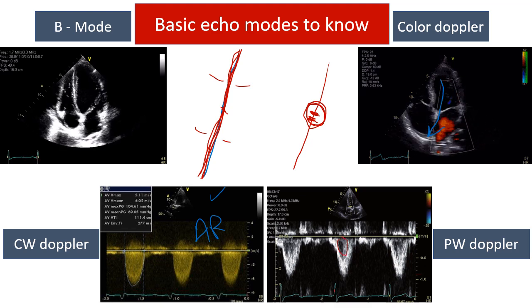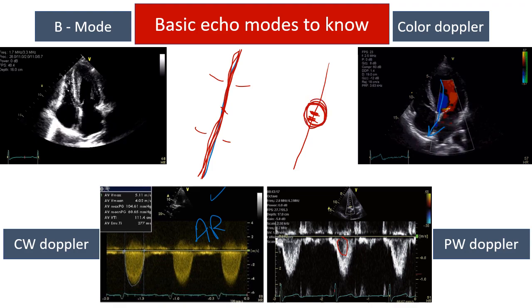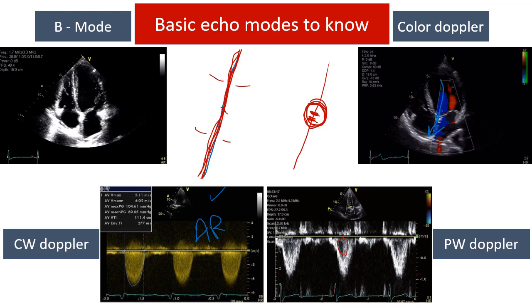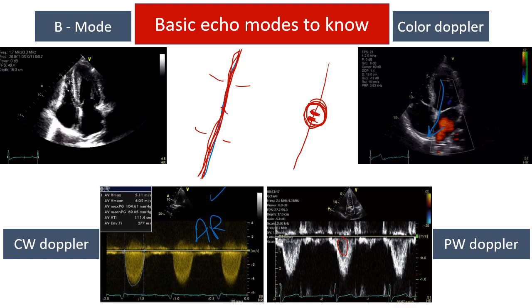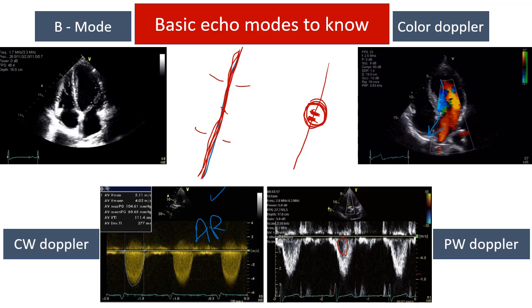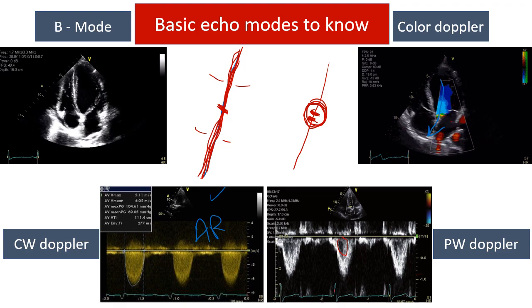We can also identify the pulsed wave from the shape of the sample in the B mode. If you can see this image, you can identify that there is a line with two parallel lines perpendicular to this line. While in the continuous wave Doppler, you see one line with a single marker in its mid.